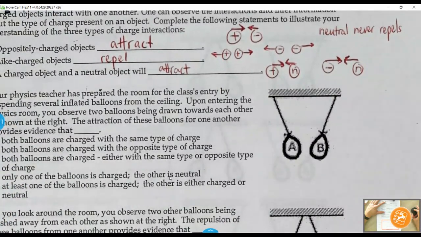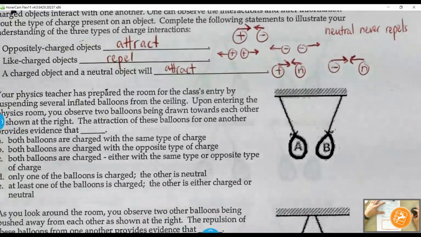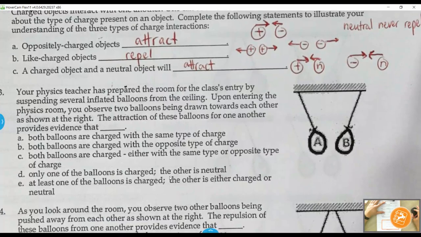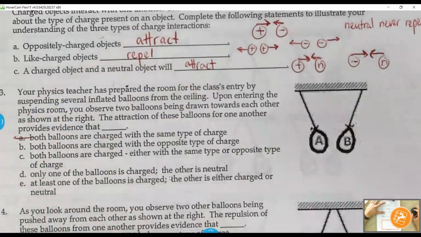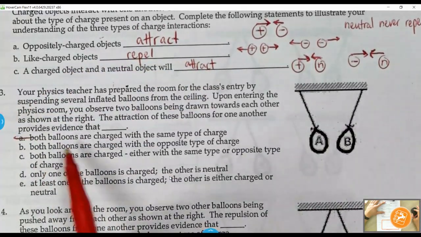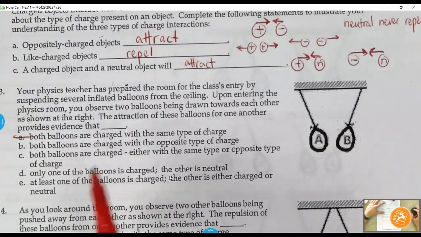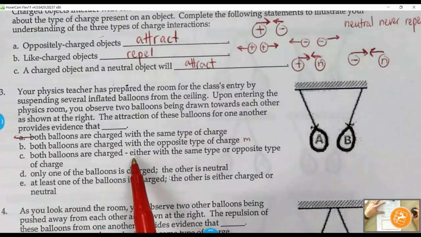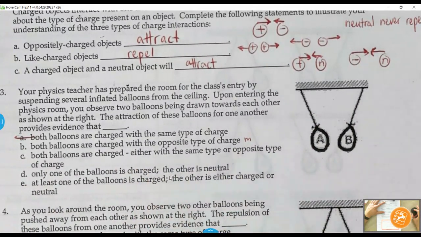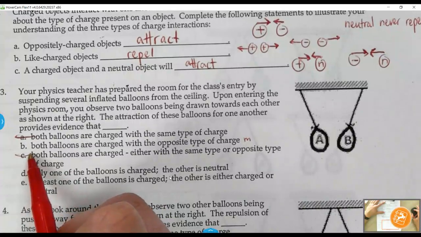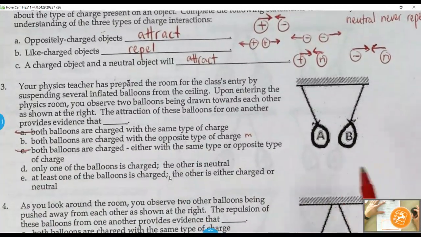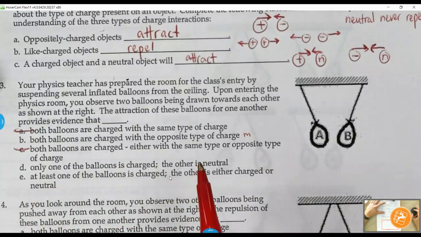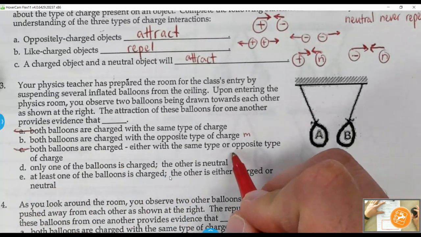So right now, all you're seeing is two balloons being attracted to each other. What can you tell me? Are both of these balloons the same type of charge? Absolutely not. Are both balloons charged with the opposite type? Maybe. No, it can't be the same because there would be some kind of repulsion. Only one of the balloons is charged, the other is neutral?